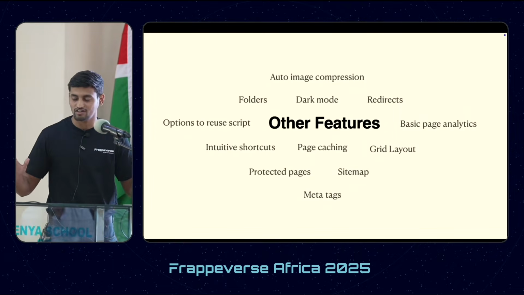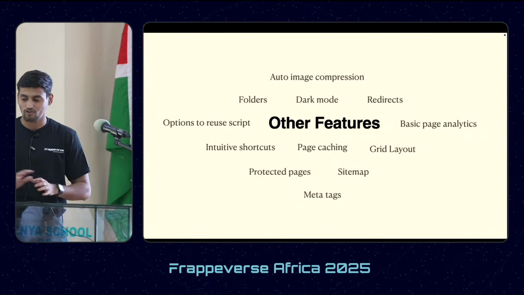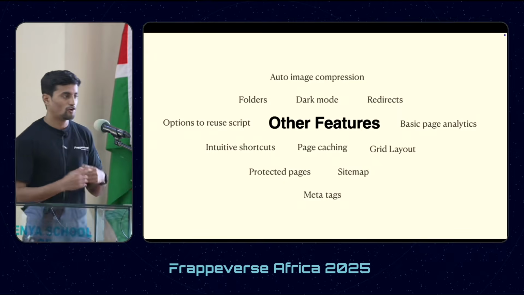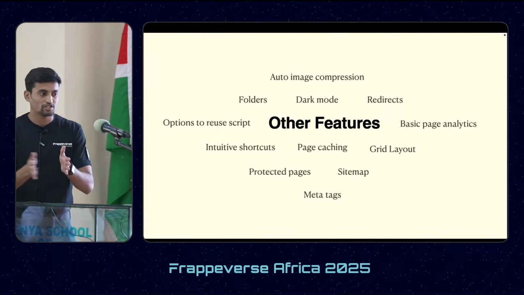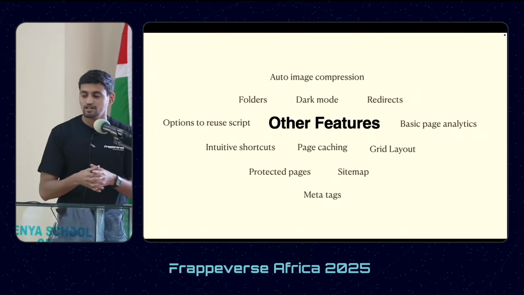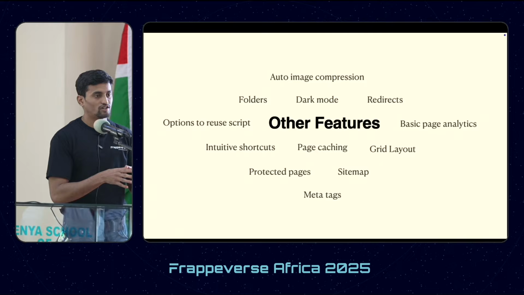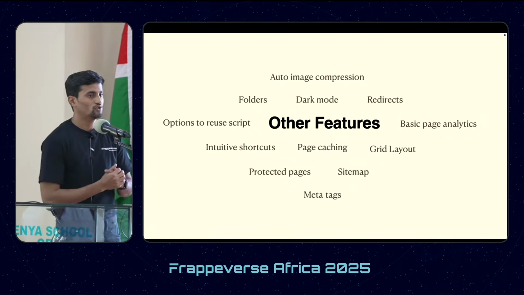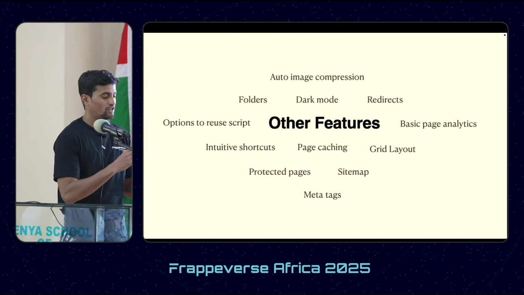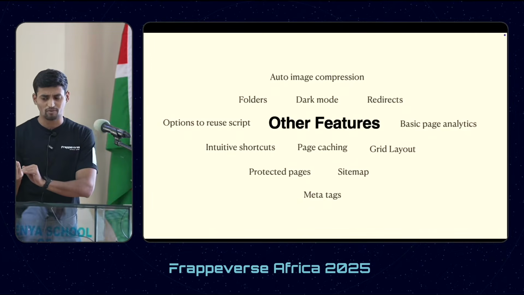There are other features like this, not going into detail of all those. What we will do is, recently during the last Frappeverse, I announced one feature called Figma plugin, which lets you translate Figma design to your Frappe Builder.